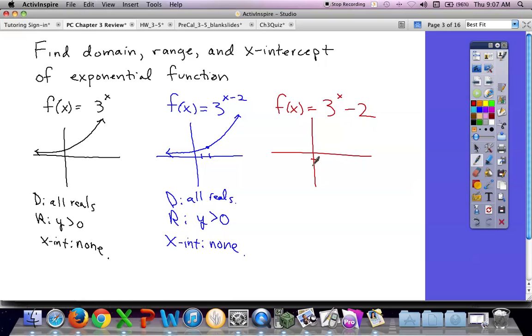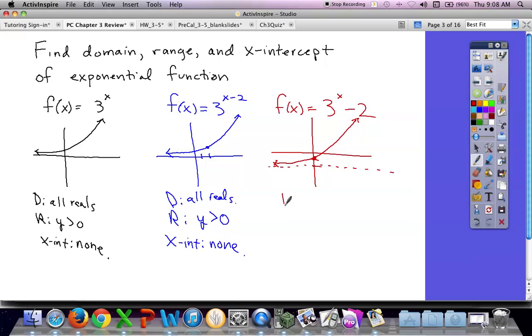So here's the new asymptote. Right? And the y-intercept, which used to be at 1, went down 2, so now it's here. And the graph looks like that. All right. So it's getting infinitely close to the line y equals -2 without touching it.